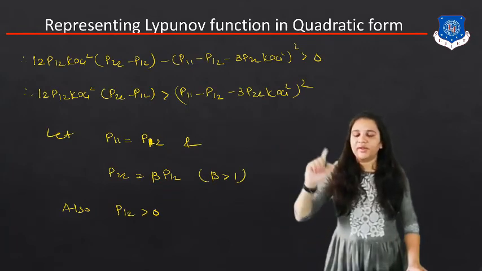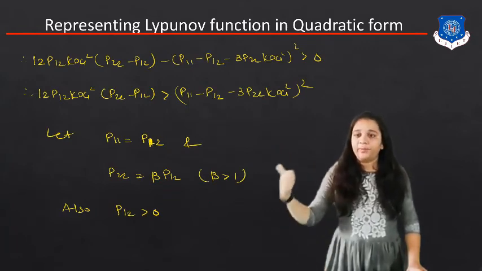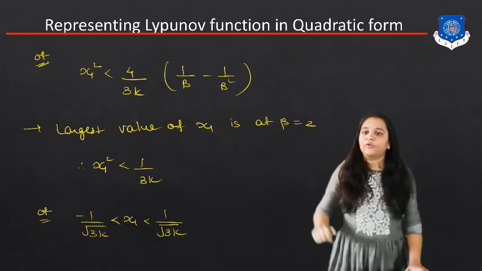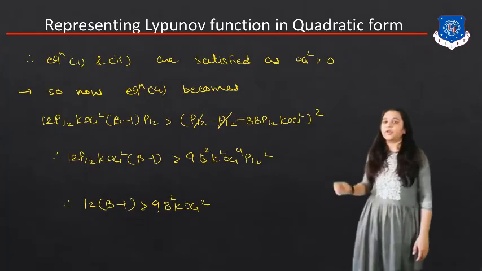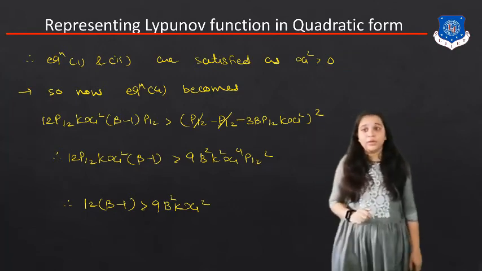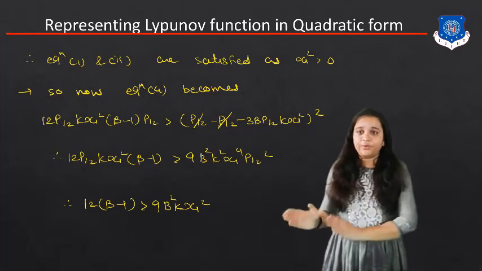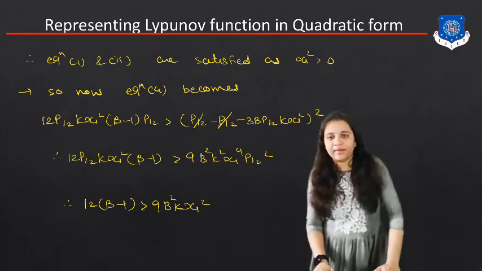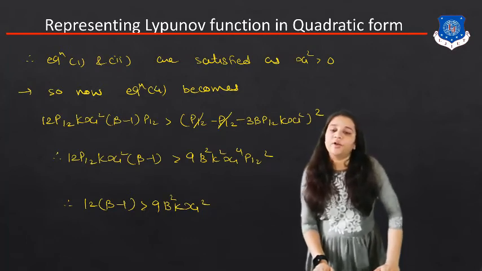So put P11 is equal to P12 and P22 is equal to beta P12, and then simplify this equation. So 12 P12 k x1 square times beta minus 1 P12 is greater than P12 minus P12 minus 3 beta P12 k x1 square whole square. Okay, P12 cancels out.